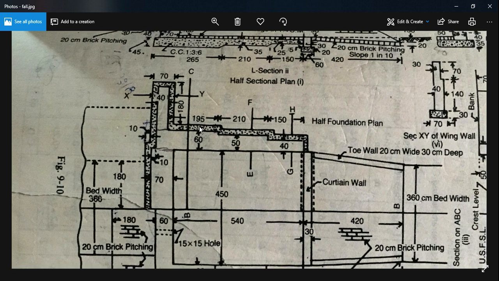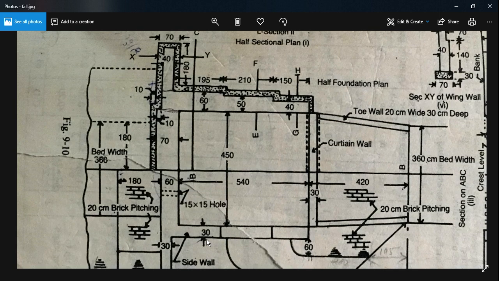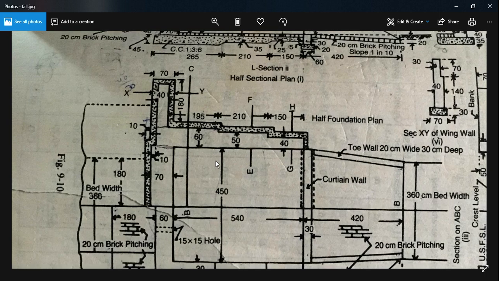450 plus 60 plus this much of distance on both sides. That means 450 plus 60, because we have the same thing over here, it's a half plan, we don't see it here. 450 plus 60 plus this small portion. What's the dimension of this small portion? It is 70 minus 40 divided by 2 on both sides, that gives this to be 15.